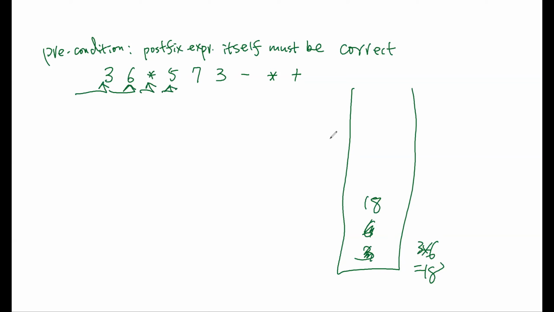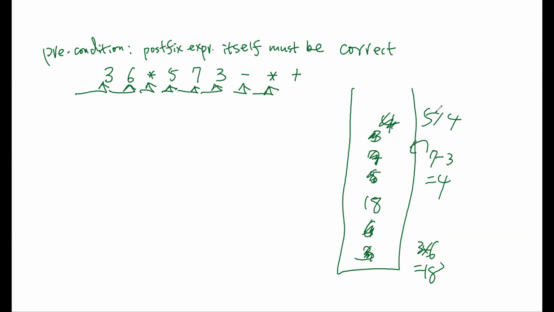Next, it's minus. You pop 2 numbers out, it's 4, and you push it back, 4. And then the next multiplication, you need to pop these 2 numbers out, 4 times 5, it's 20. Then you push it back, 20.